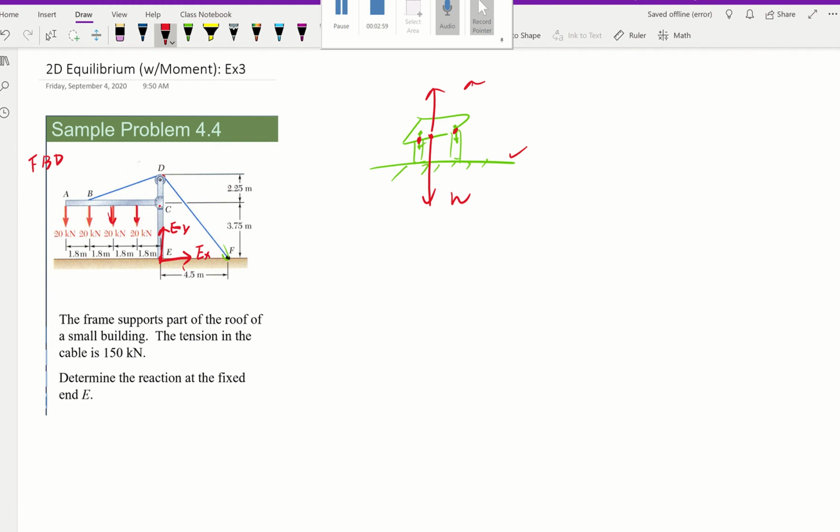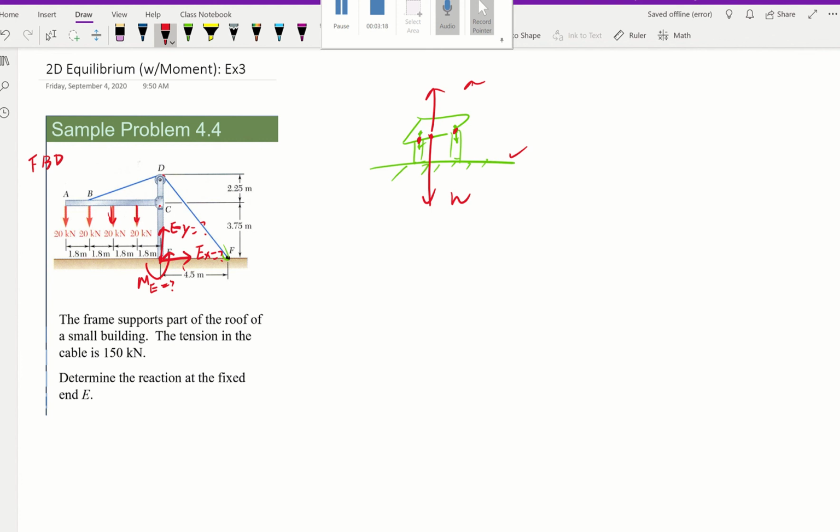We'll also have a moment, right? If we assume this moment goes in this direction, we call it the moment at E. Those are the 3 unknowns due to the fixed support. Because it cannot move and cannot rotate, we have Ex, Ey, and ME.